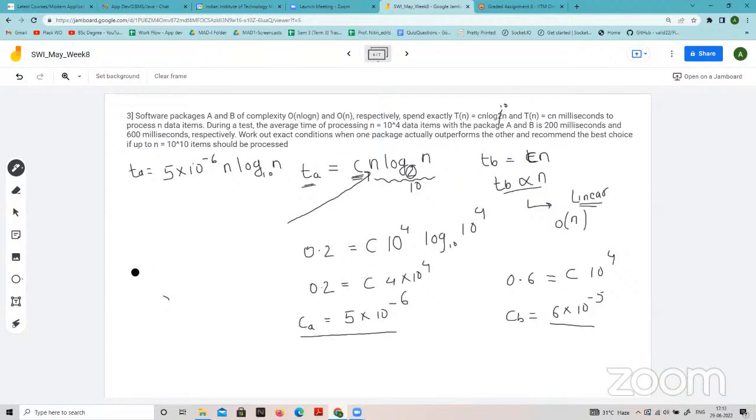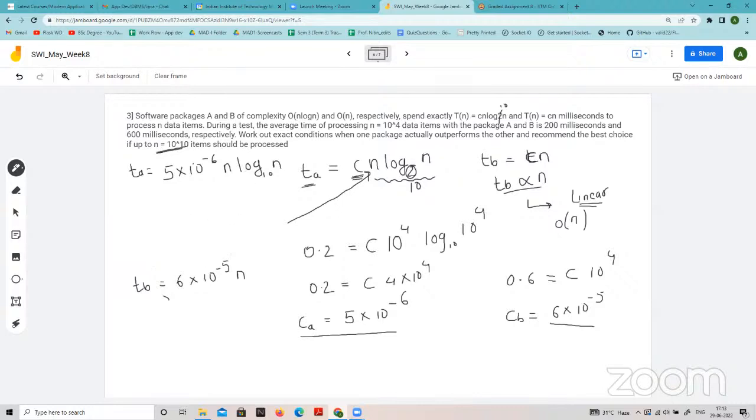And TB is 6 into 10 raised to power minus 5 N. Now we need to find out or recommend the best function that will give me lesser time for 10 raised to power 10 items.